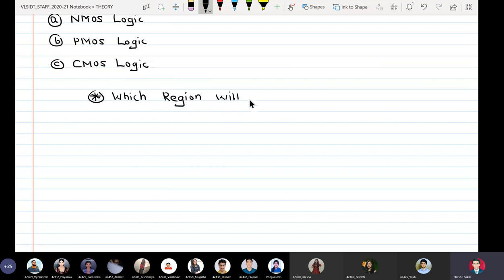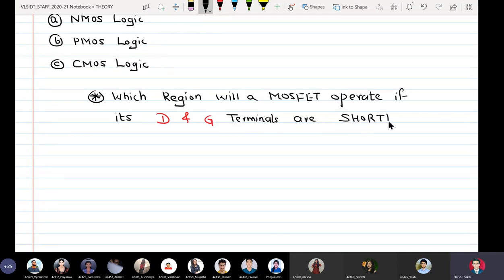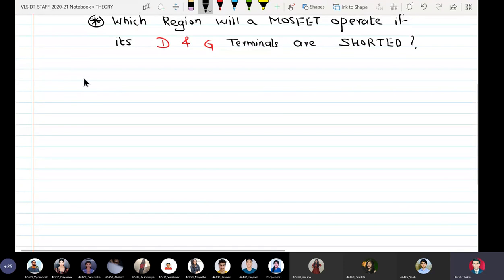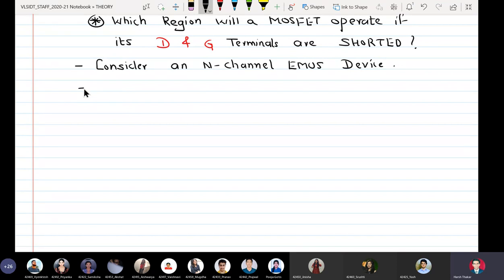Which region will a MOSFET operate if its drain and gate terminals are shorted? So consider N-channel CMOS device.